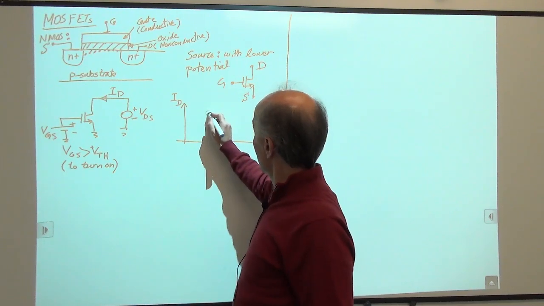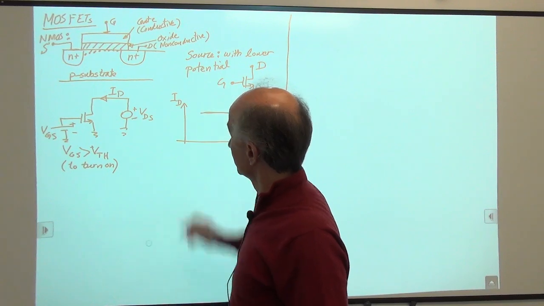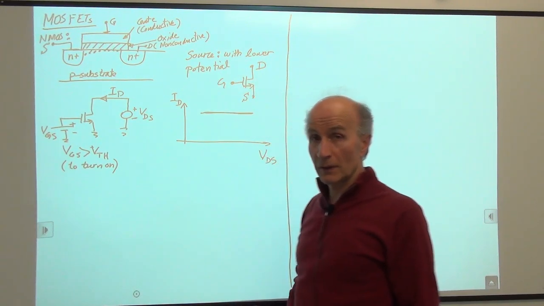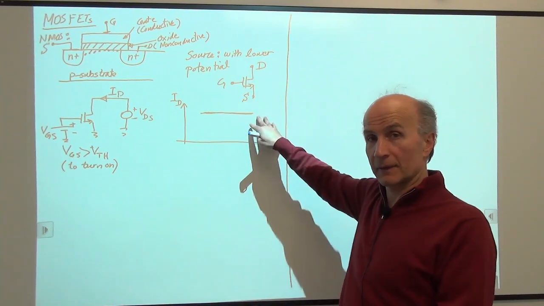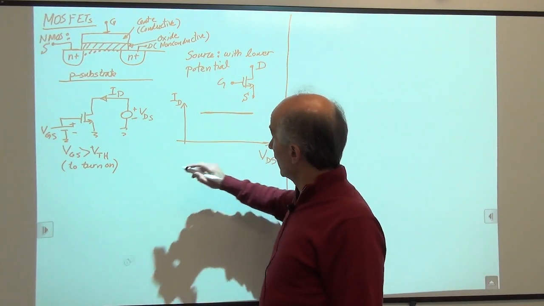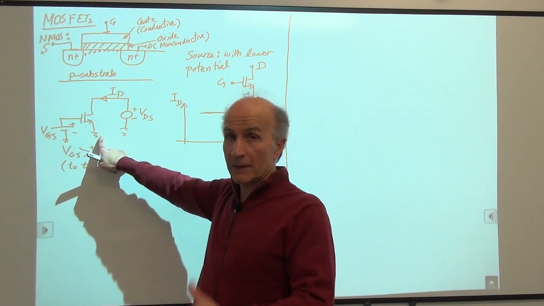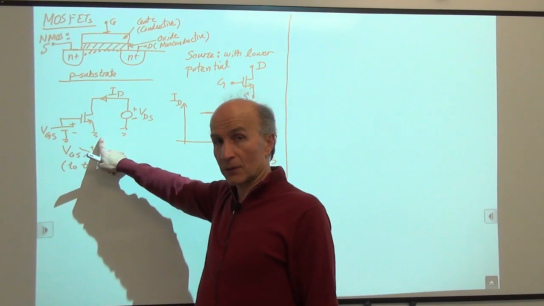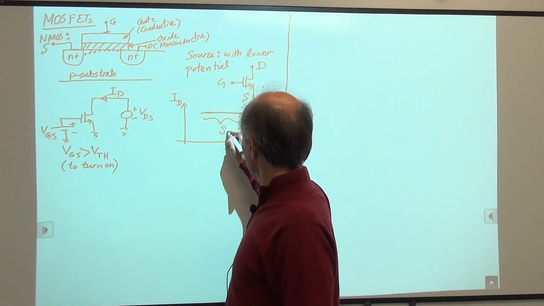What we see is that there's a region in which this current is constant. In this region, the device acts like a current source because its current is constant. But then if the drain voltage falls too much, the device no longer acts as a current source. So this region is called the saturation region.